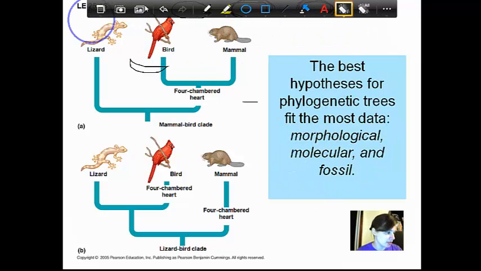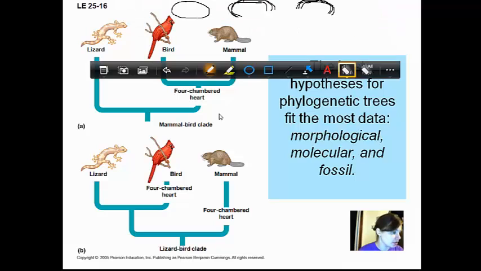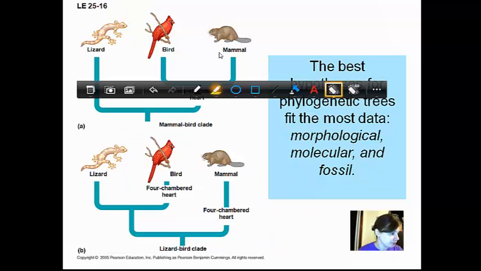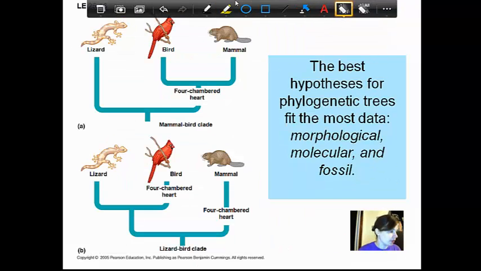Let me get rid of some of this mess of scribbles. Okay, so again, we're just going to do an example to show what I mean by this. The first little phylogenetic tree is the mammal-bird clade, a group that includes mammals and birds.